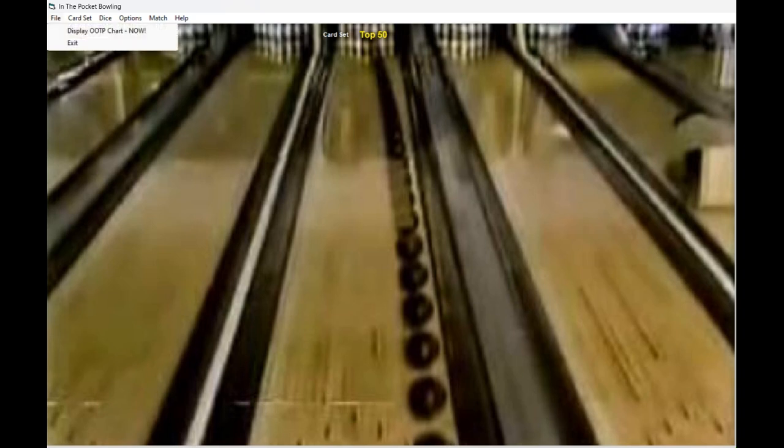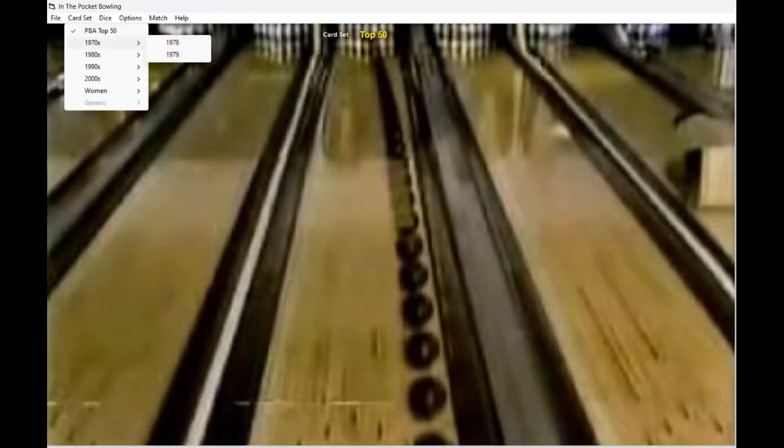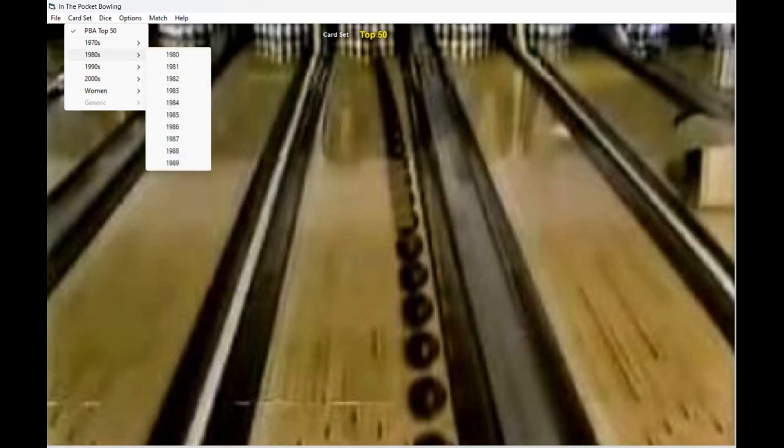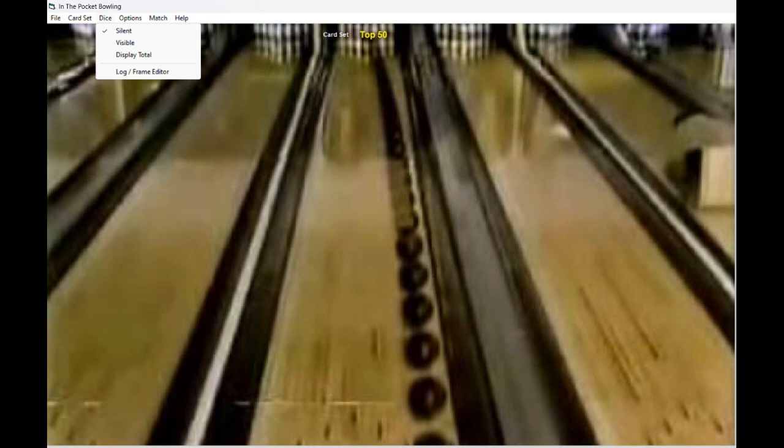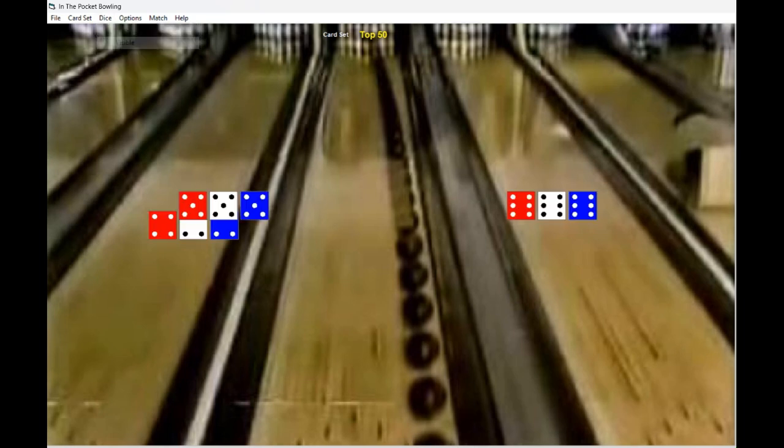You've got the card sets: the PB top 50s, the 70s, 80s, 90s, 2000s, and then you've got the women and all that. There's the silent dice, visible dice. We'll make it visible, I guess.